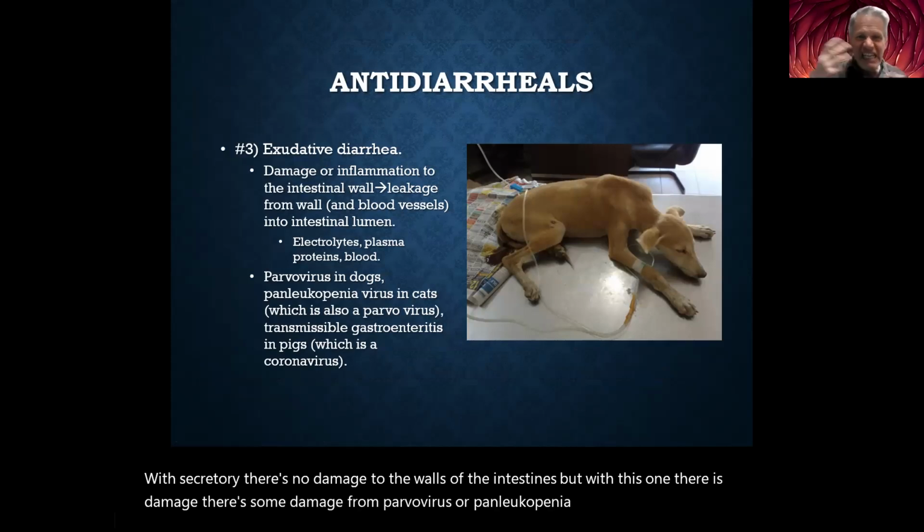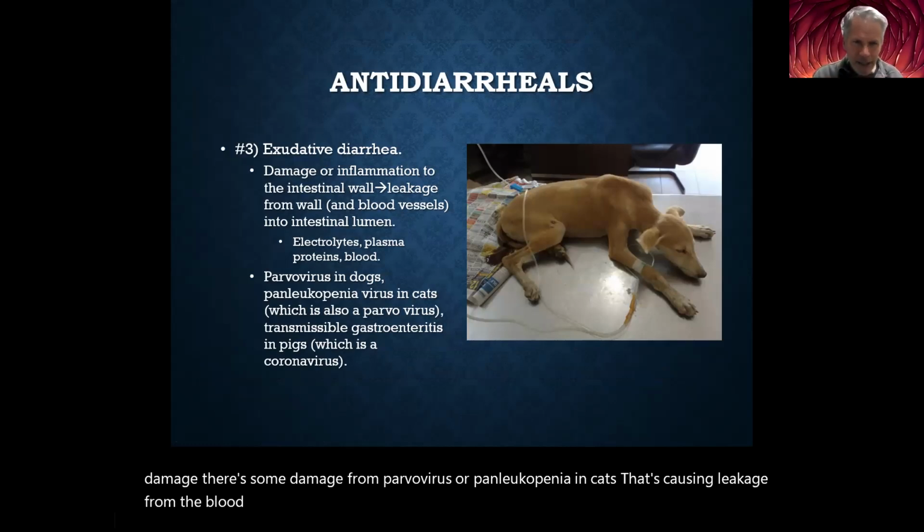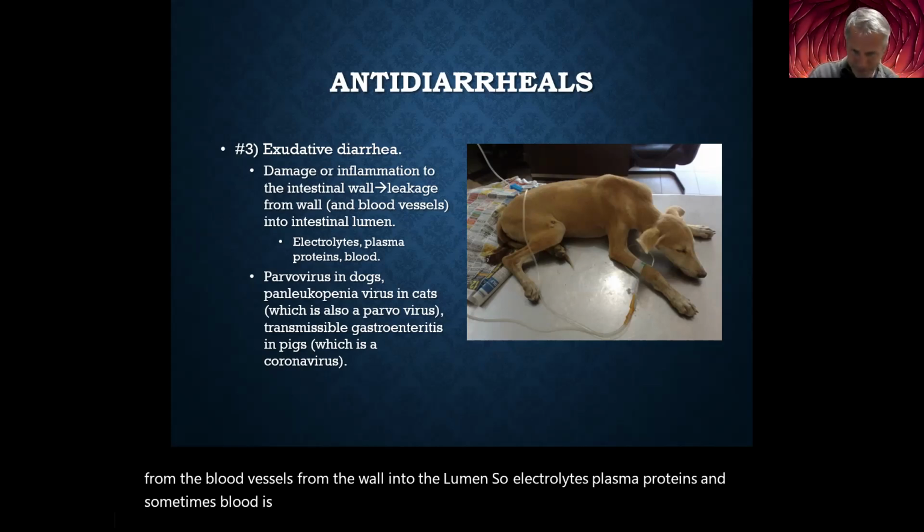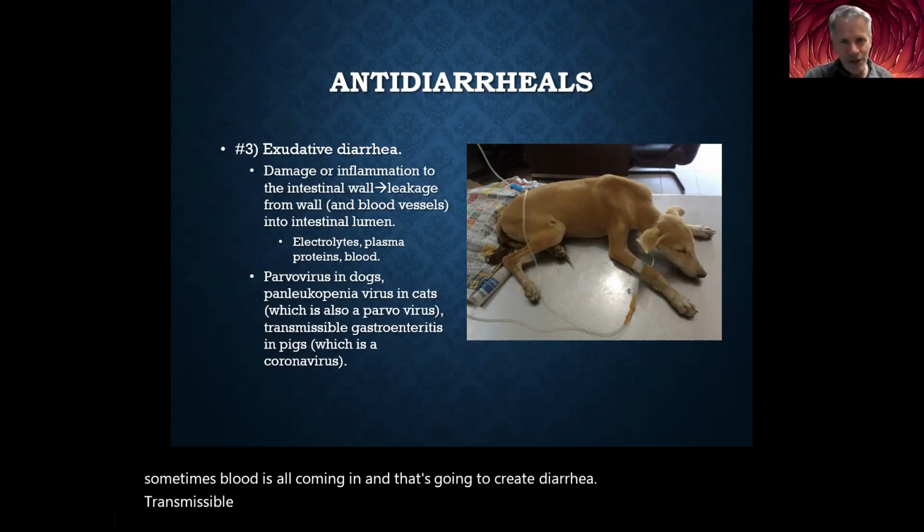It's causing leakage from the blood vessels from the wall into the lumen. So electrolytes and plasma proteins and sometimes blood is all coming in, and that's going to create diarrhea. Transmissible gastroenteritis in pigs causes damage, and that's a type of coronavirus actually.